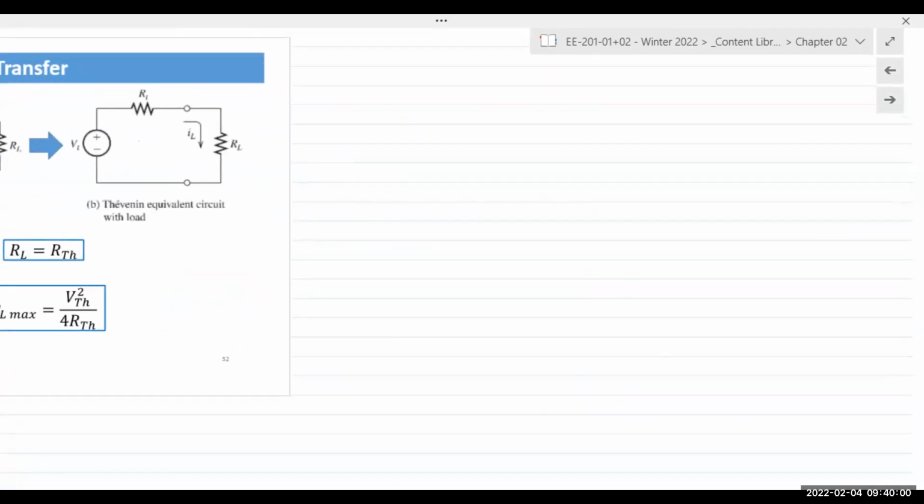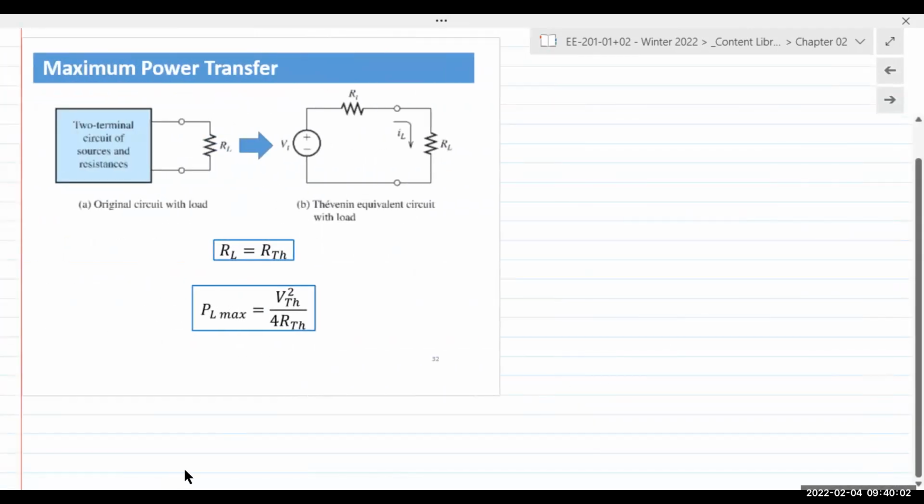The maximum power transfer theorem simply states that if we want to transfer power to our load resistor, so if you have a circuit that we can consider as a source, and we want to transfer power from the source to the load, in order to achieve maximum power transfer, we have to match the load resistance to the Thevenin resistance of our source.